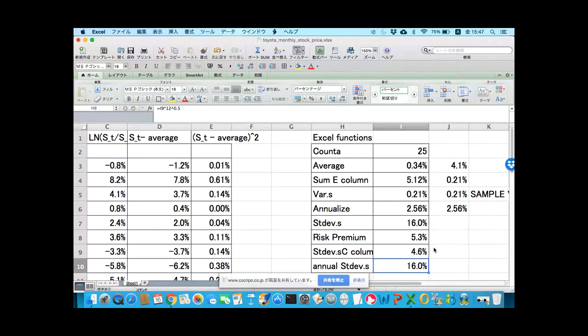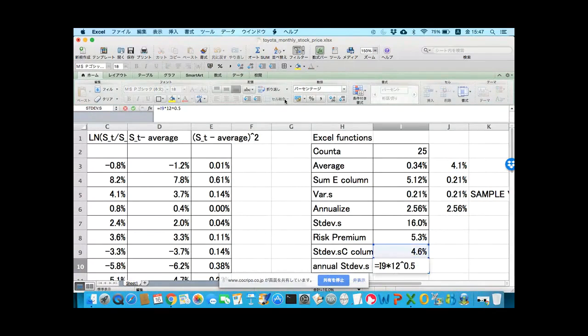Okay, like this. And it calculates the monthly standard deviation on a sample basis, which is 4.6. And it is a little bit tricky, but how can you get the annual standard deviation instead of the monthly standard deviation?